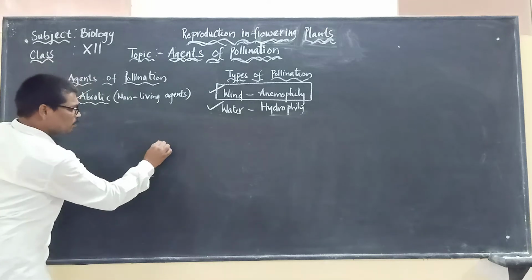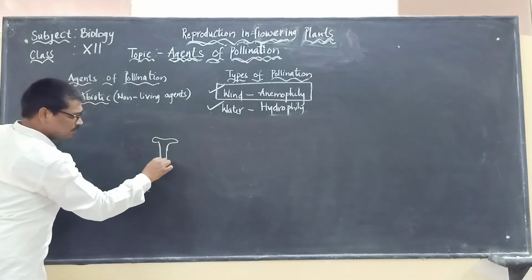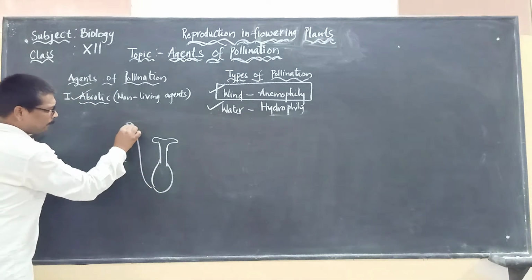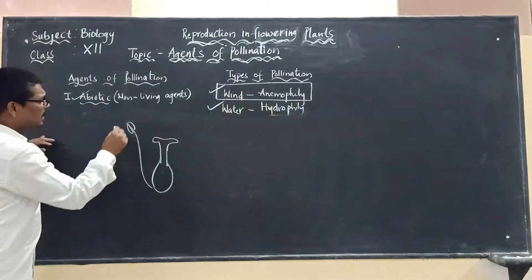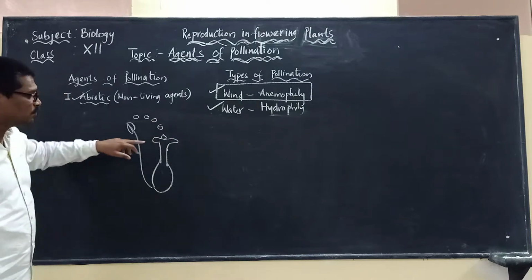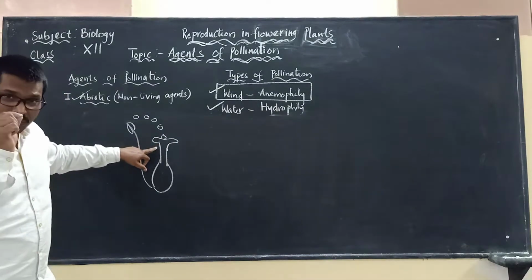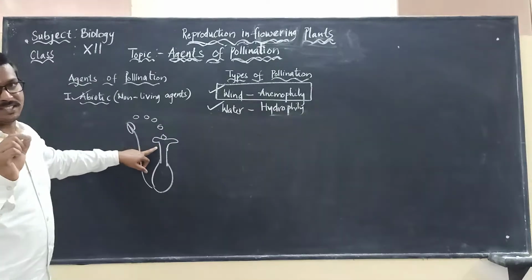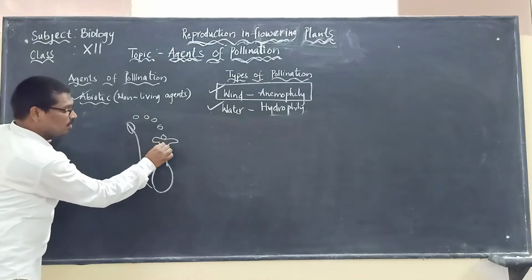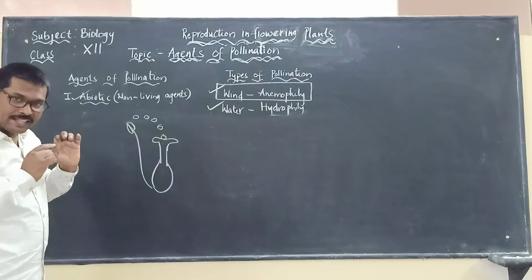Suppose this is the stigma and here is the anther. There is little chance of the pollen grains coming and falling on the stigma. So chances are very low in wind and water pollination for the pollen grains to fall on the stigma.